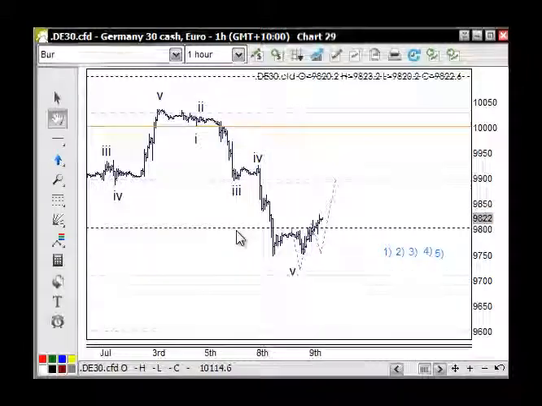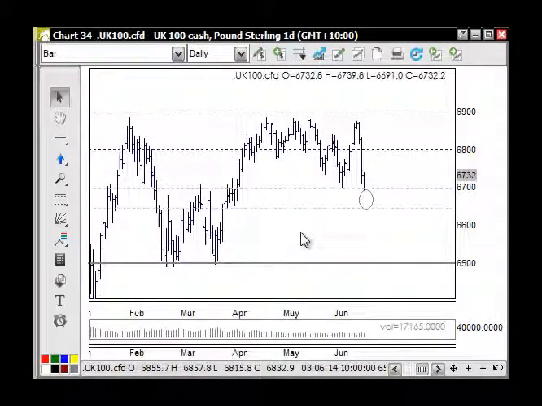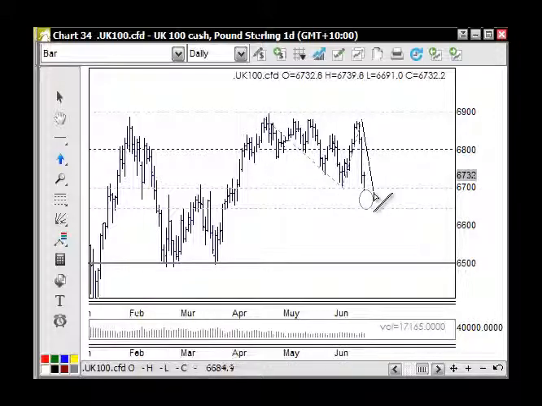The FTSE, look, we've got this particular correction across here, and my latest take on this is that this is all of wave A, this is wave B, and this is wave C here, an A, B, C correction. That's fine, but it must move up from that point here now, okay?